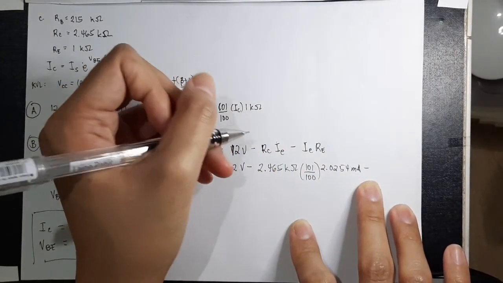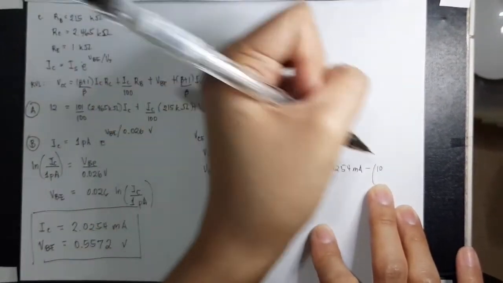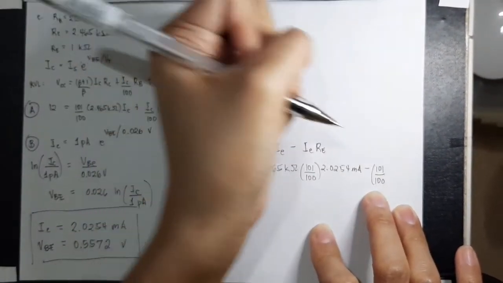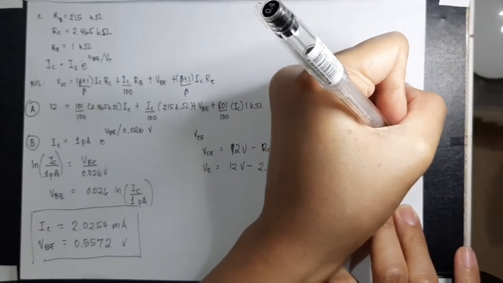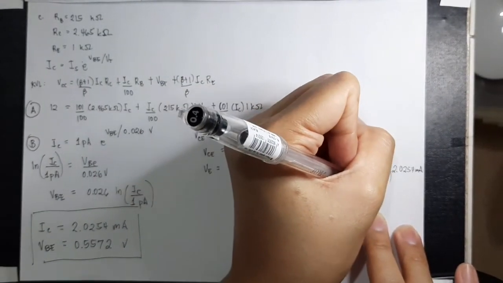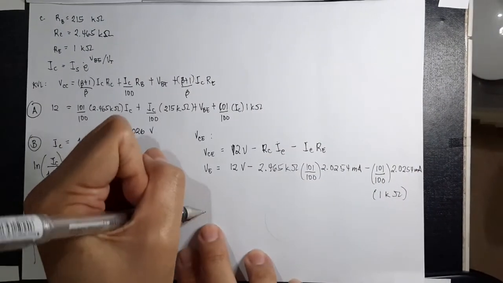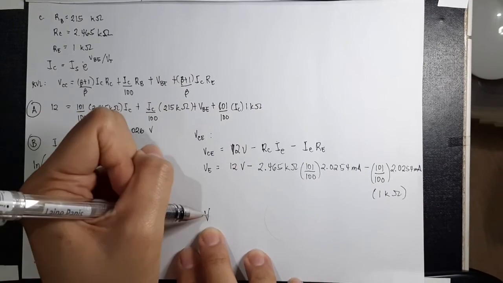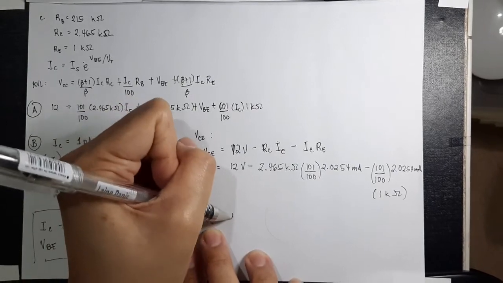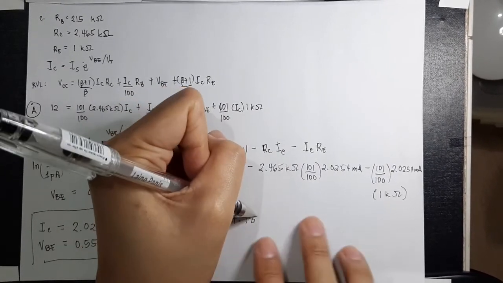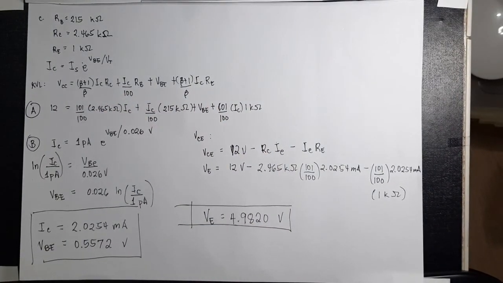So IE is 101/100, 2.0254 milliamps, multiplied by, let me just continue in this part, RE is 1 kilo ohm. So VE, the calculated value for VE is 4.9820 volts. Okay, so yeah, there you have it, problem 1.